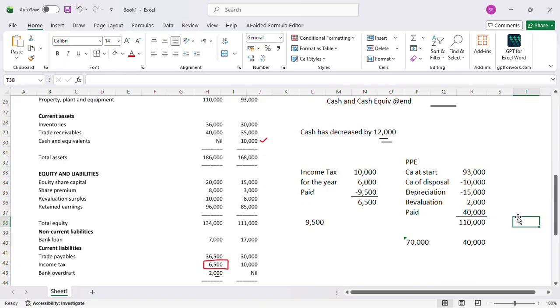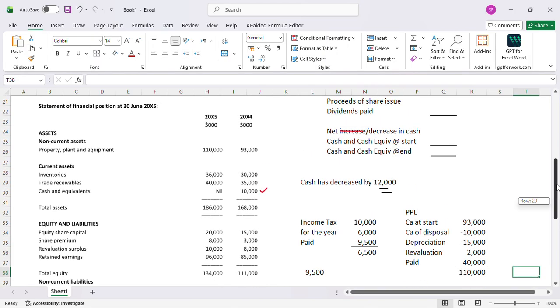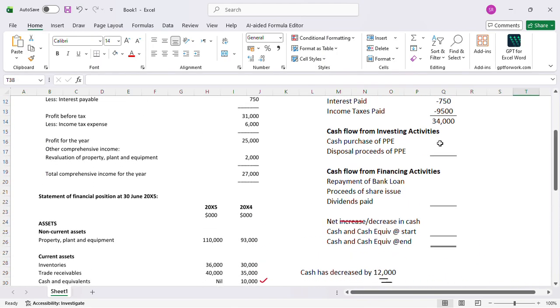So 40,000 is what we have paid to acquire new property, plant, and equipment. Now, since we have paid, that would be a negative figure.